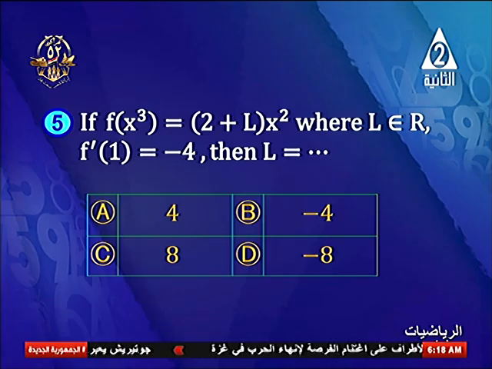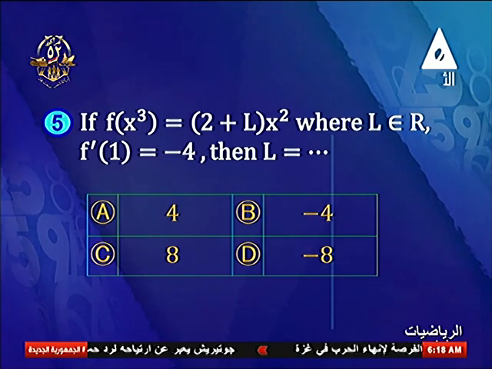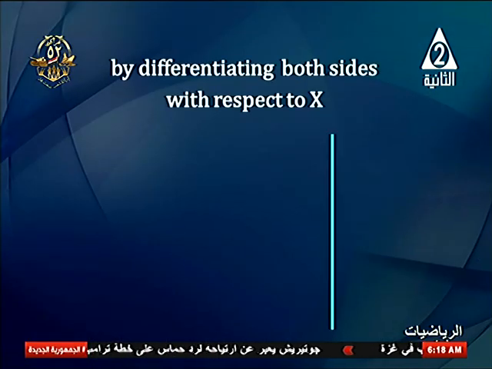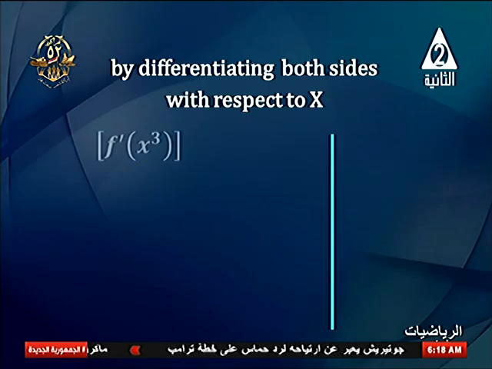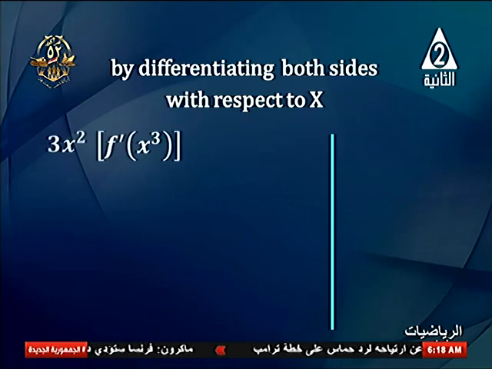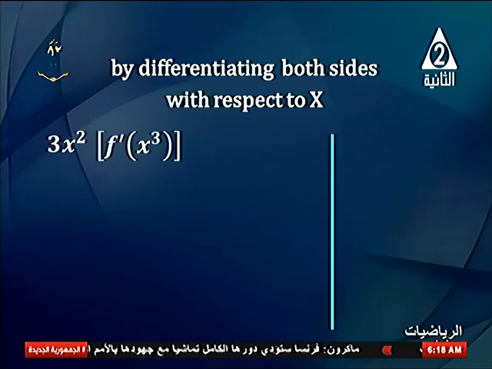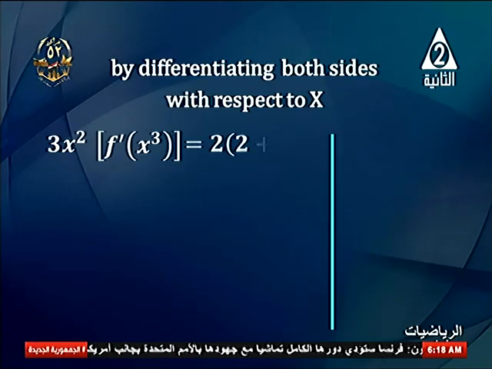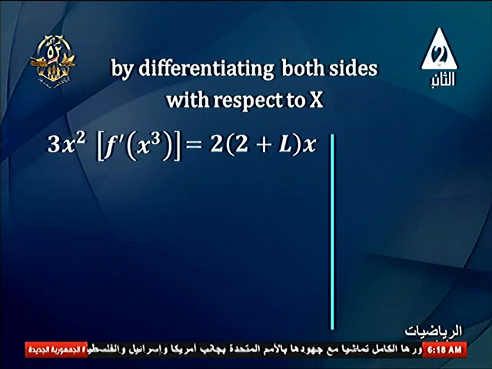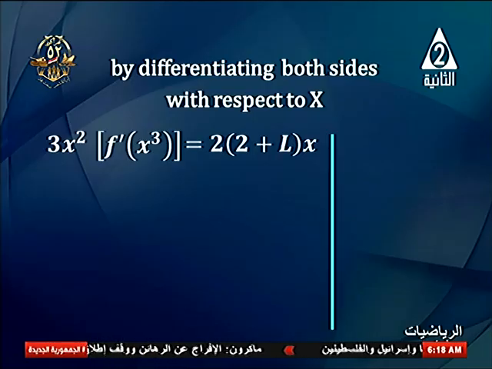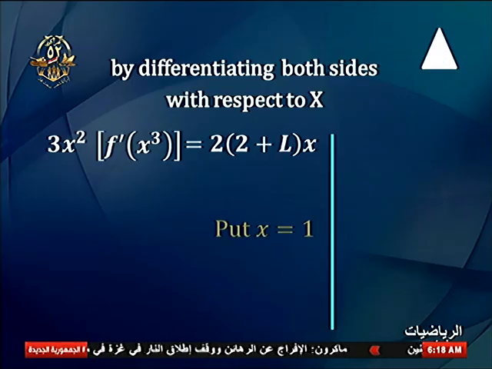My dear student, from the given, look at the differentiation of both sides with respect to x. F dash of x power 3 on the left hand side, multiplied by the derivative of x power 3, 3x squared, equals the right hand side, 2 multiplied by 2 plus L multiplied by x. Remember, L is a number.